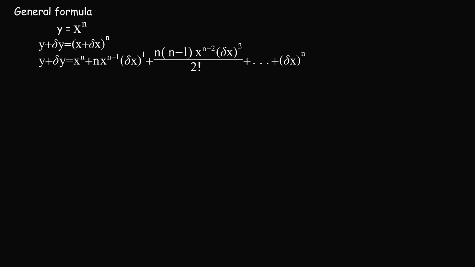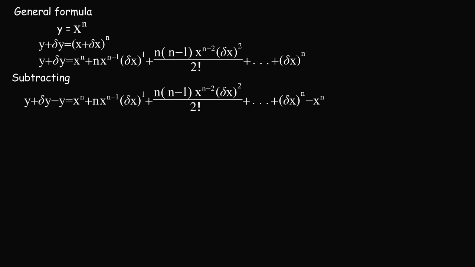The next step is to subtract y from the left hand side and x to the power of n from the right hand side. Doing so, our equation becomes y plus delta y minus y will be equal to n x to the power of n minus 1 delta x plus n in bracket n minus 1 x to the power of n minus 2 delta x squared divided by 2 factorial plus it goes on and on to delta x raised to the power of n.